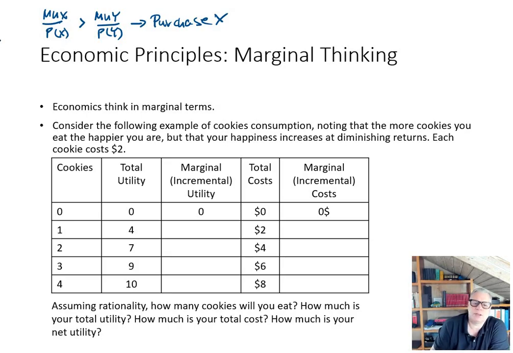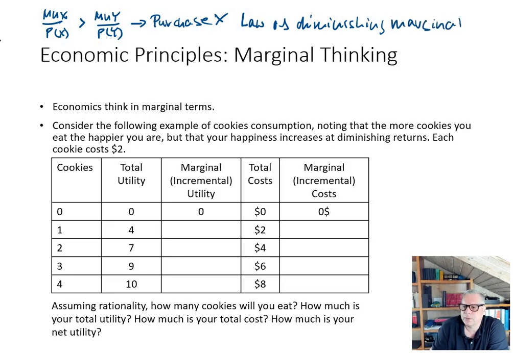And that is what we call the law of diminishing marginal utility. Okay, so that is an important axiom in economics.